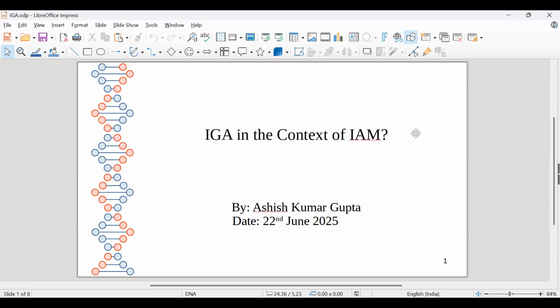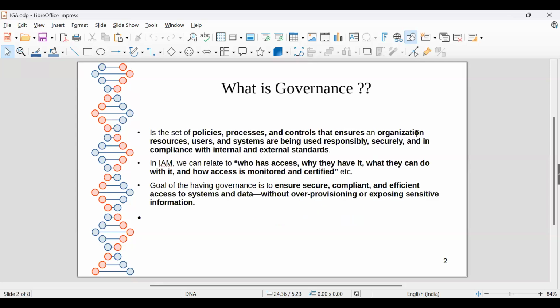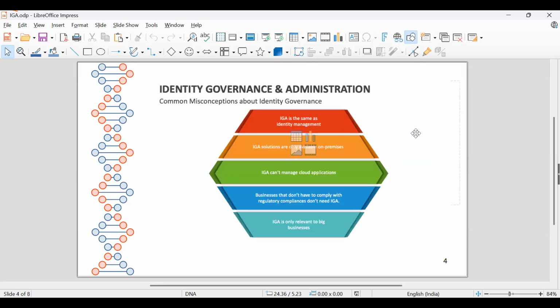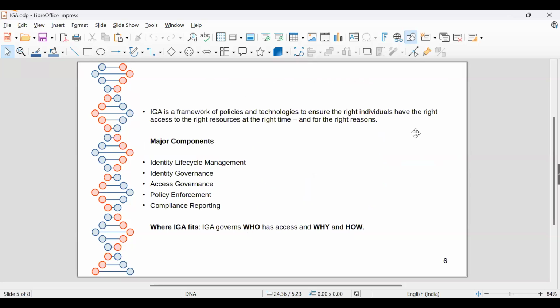So this was the very first session which we took on 22nd of June 2025, in which we were talking about the role of IGA in the context of IAM. We covered what governance is, what the key elements in governance are, and what the misconceptions about IGA are.